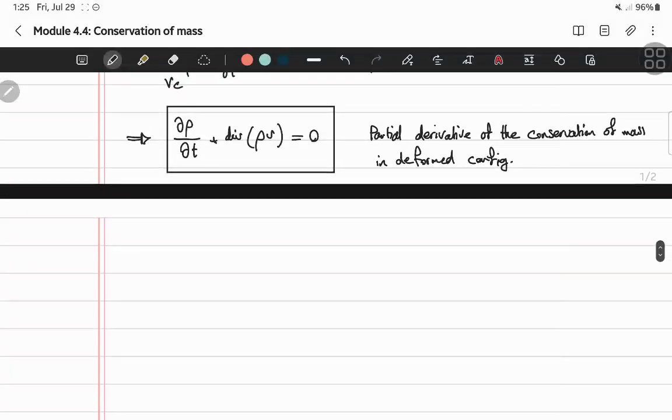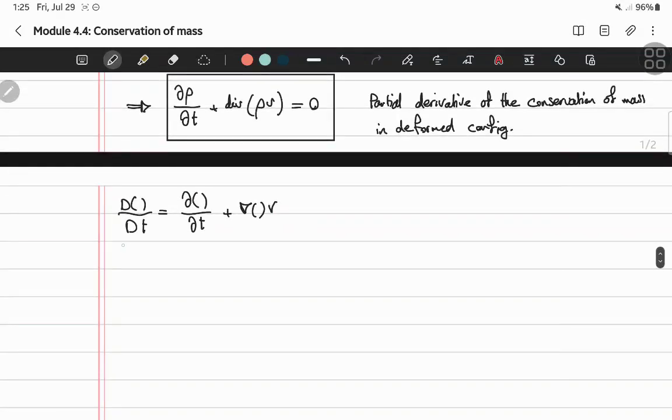So we can also use that the material derivative, d/dt, of a quantity is equal to the partial derivative of that quantity plus its gradient dotted with v. Using this, we can write the above equation as follows.